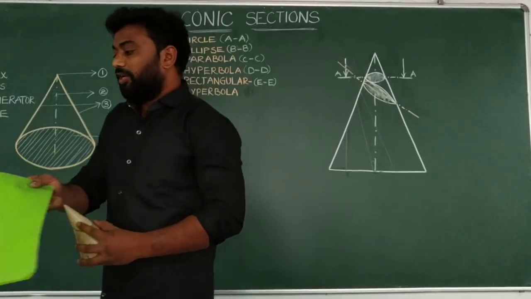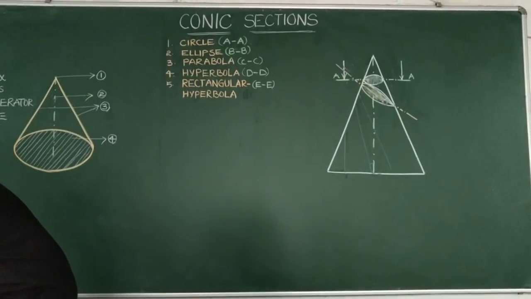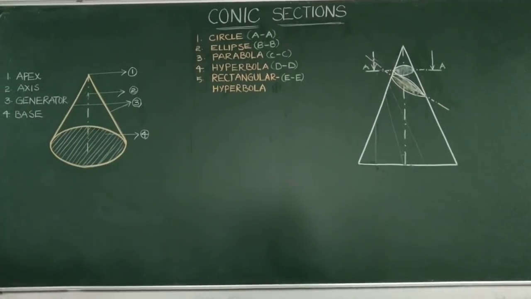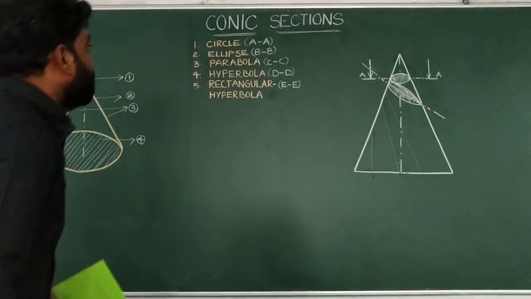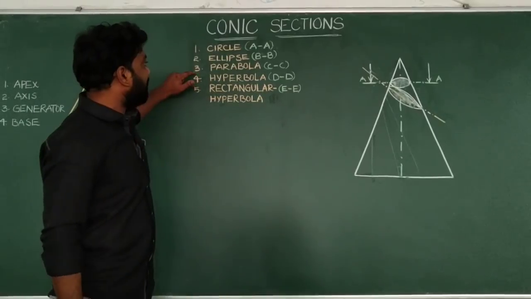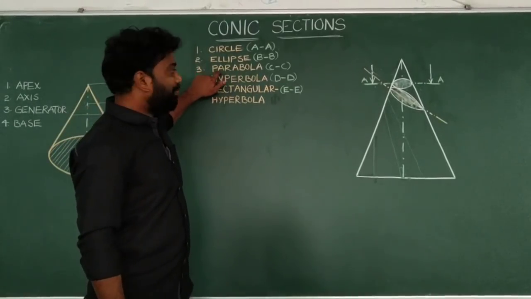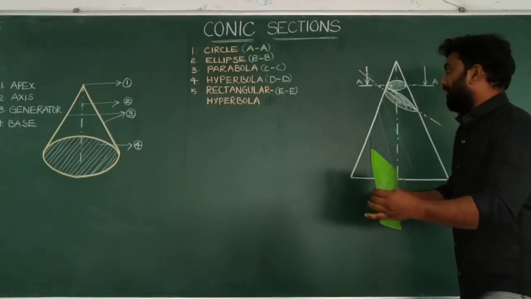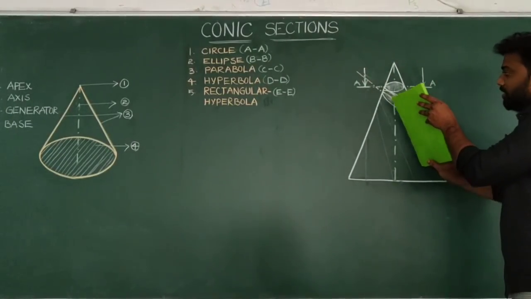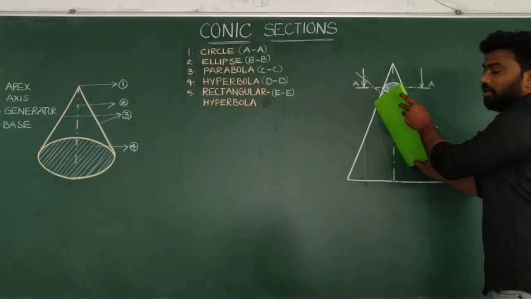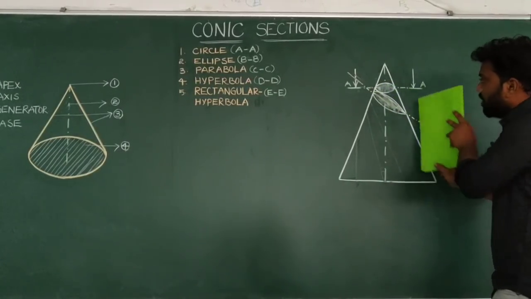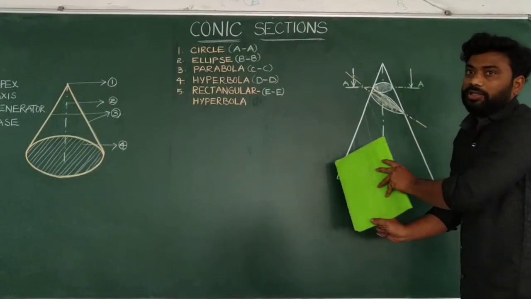After that we can see the third conic section. So let us see the position of the cutting plane to obtain a parabola. I am taking the sectional plane parallel to one of the generators, either this generator or this generator, that is your wish.